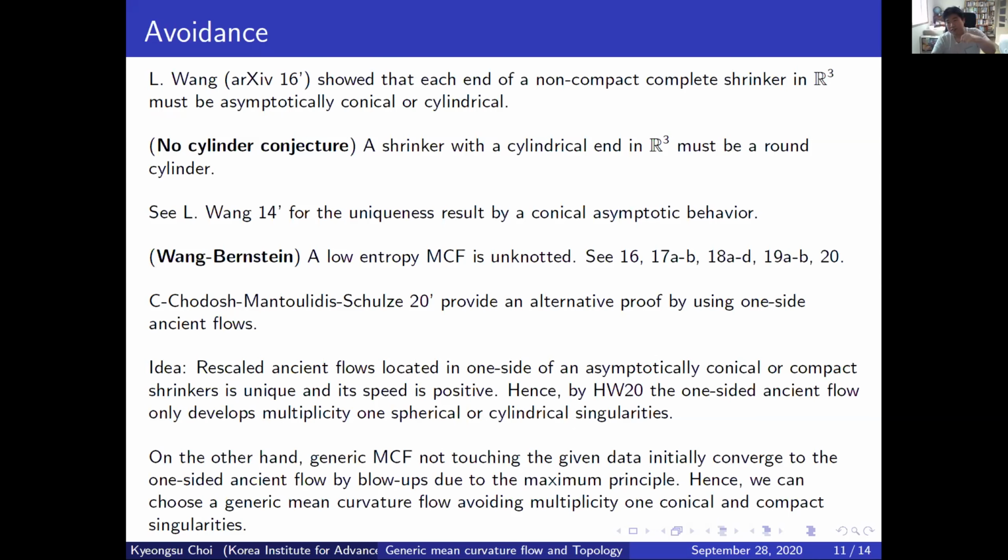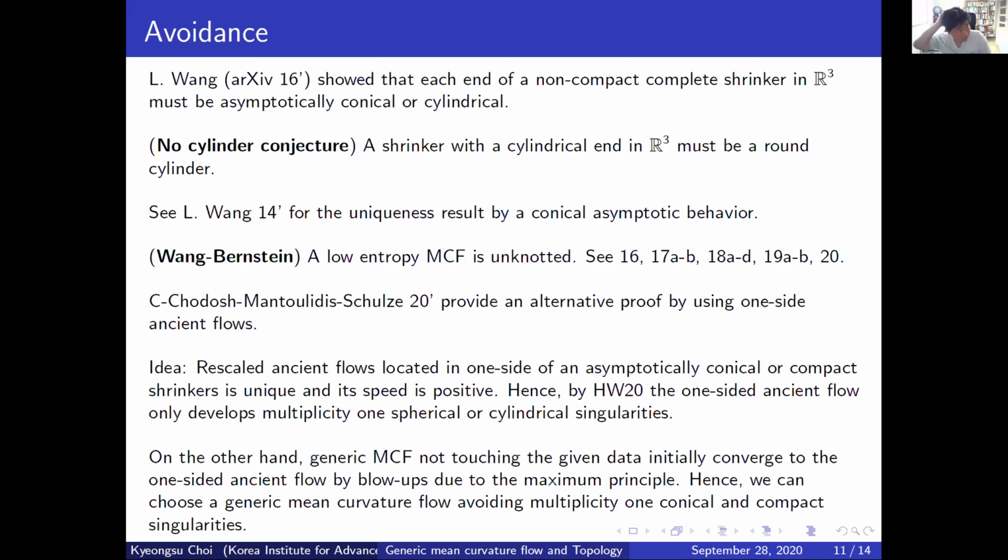So if you find some conical or compact unstable singularity as the first singularity, and you blow up the unstable singularity, then you can see that our perturbed solution becomes an ancient flow, but it still does not touch the self-shrinker, the tangent flow of the given flow.